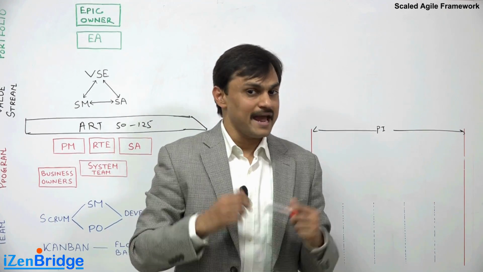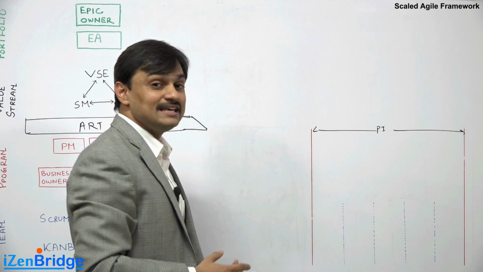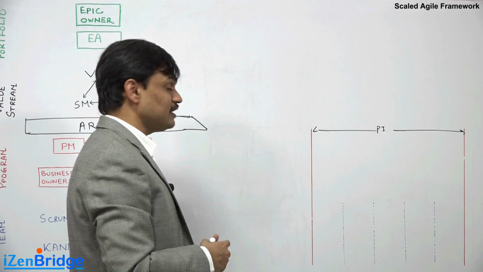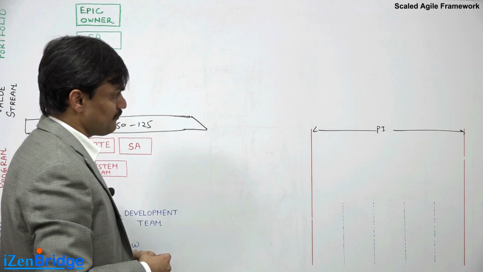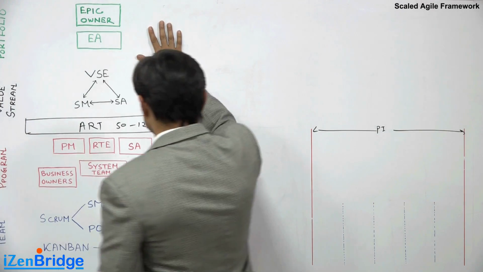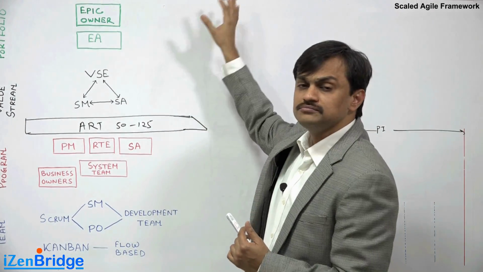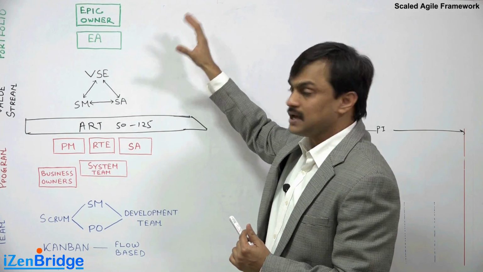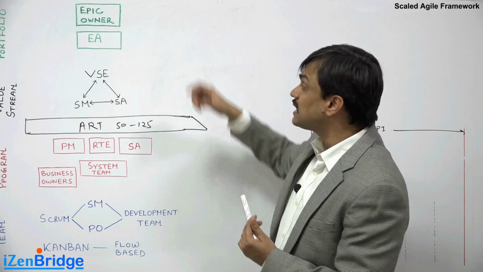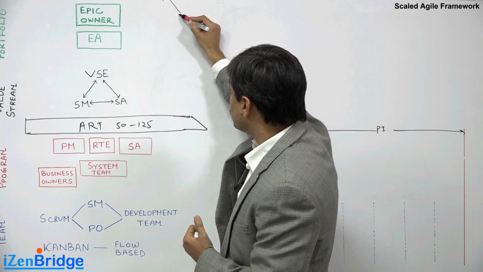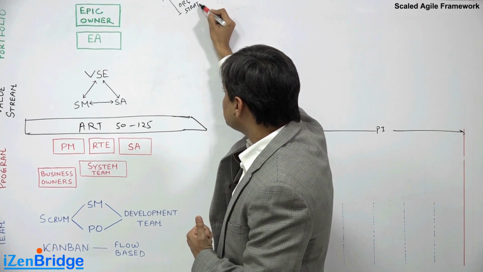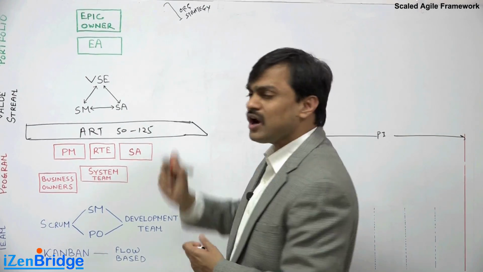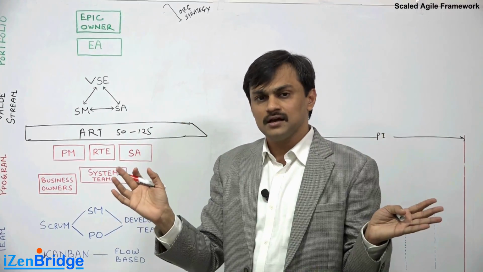We are ready. And here comes the planning part of Scaled Agile Framework, or rather, before planning, the content part of Scaled Agile Framework. At a portfolio level, you will keep getting a lot of new initiatives and new ideas, and these ideas are primarily guided by organization-level strategies. So organization strategy tells us, okay, we want to go into Internet of Things.